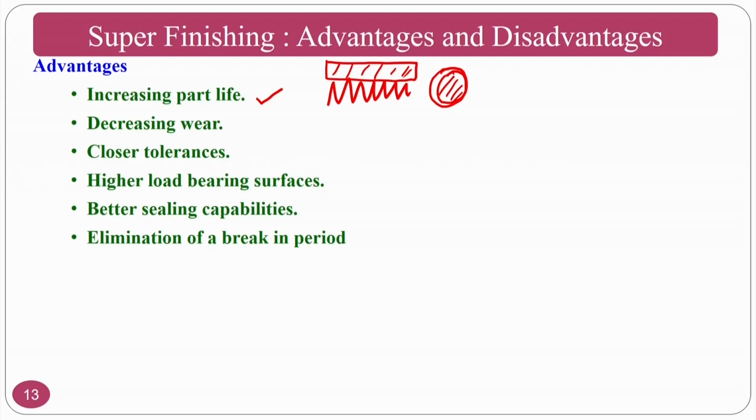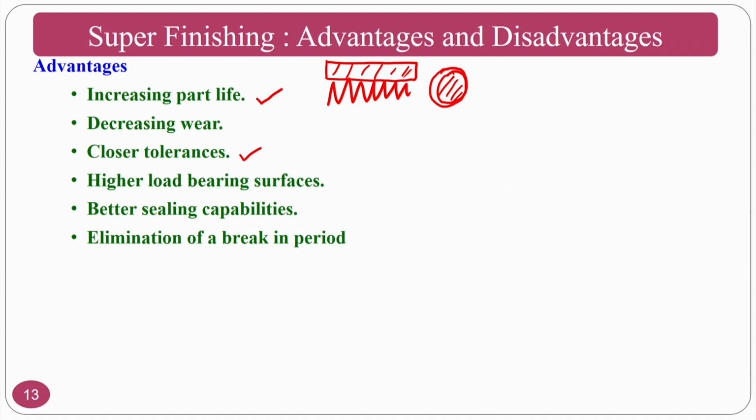So, it decreases wear. Normally if the surface roughness is very low, that means the finish is very high, so the wear will be very low. Here in this condition, if the roughness is very high, the wear will be very high. If the surface roughness is low, the wear will be very low. And close tolerances: you will always achieve close tolerances because the surface finish is very low, that means it is a fine finish.